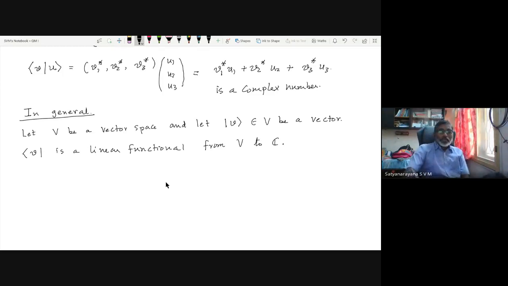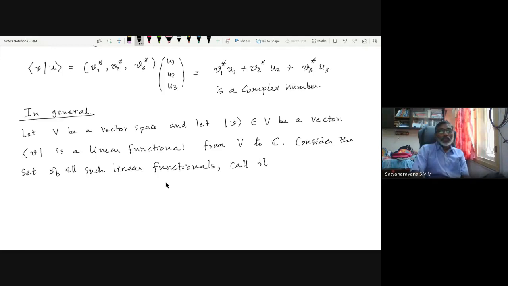Okay. Now consider the set of all such linear functionals. Call it V star.